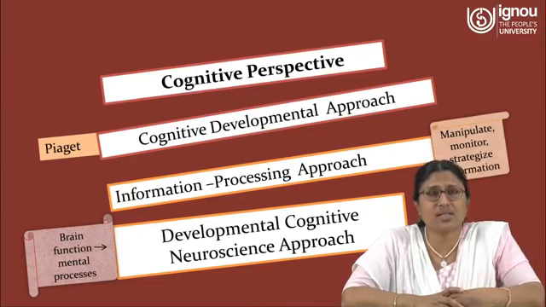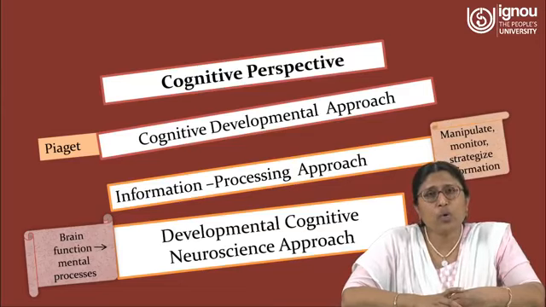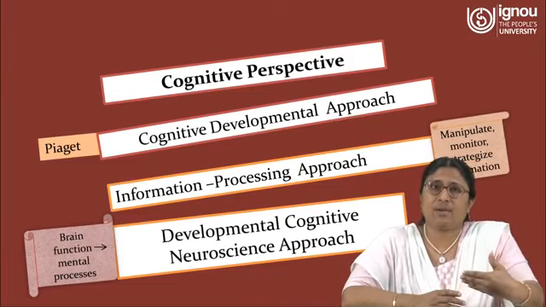Which are the 4 stages? The first one is the sensory motor stage, then the pre-operational stage, the concrete operational stage, and the formal operational stage. Through these 4 stages and through the process of assimilation and accommodation, the child develops cognitively.